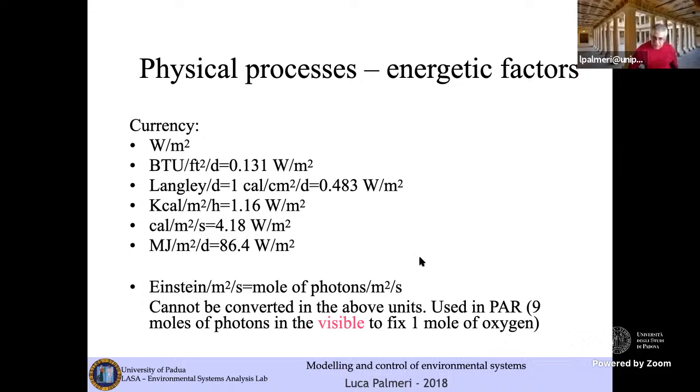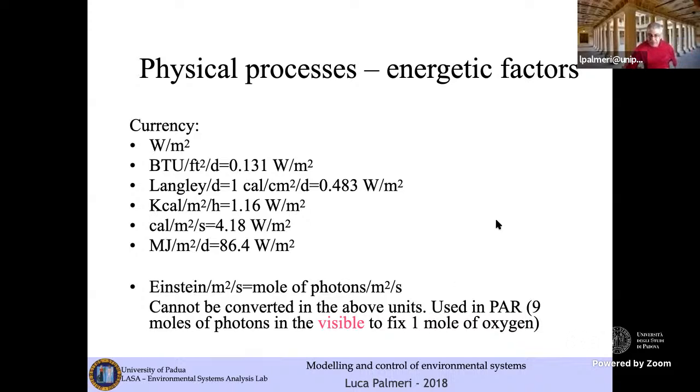It cannot be converted into the above units, but it is used in photosynthetically active radiation because we may say that 9 moles of photons, so 9 Einsteins of photons in the visible range, are necessary to fix 1 mole of oxygen.